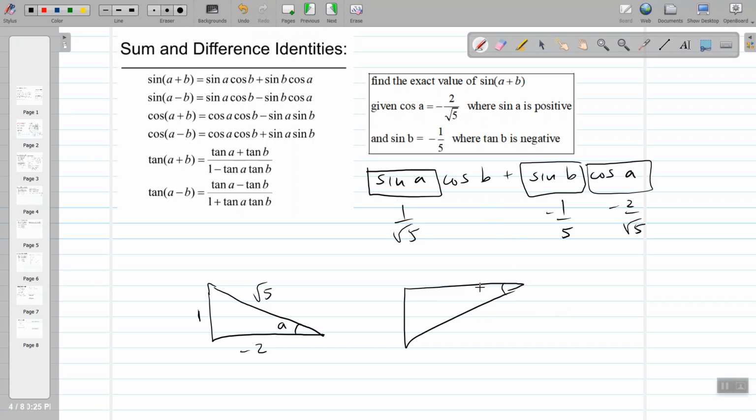This is B, this is sine, so -1 over 5 is going to be here. And if I work backwards with this one, 5 squared is 25, minus 1 is 24, so I believe this one over here is going to be rad 24.